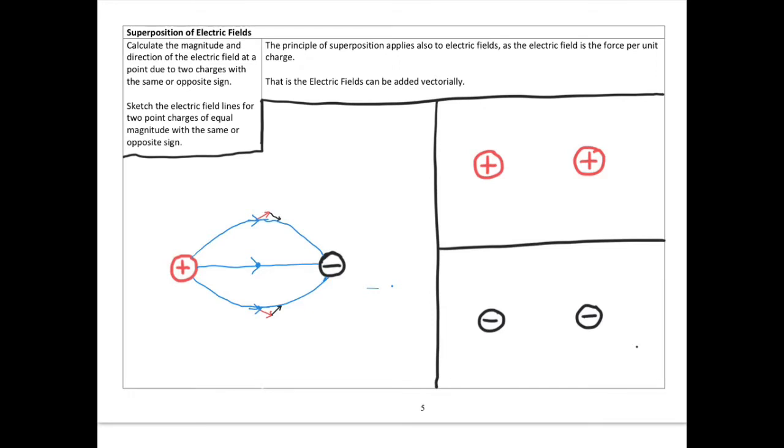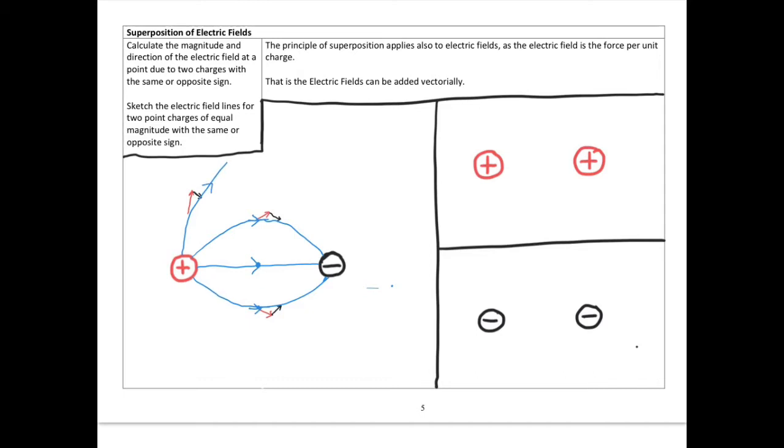And we could pick some other point maybe up here. It would be pushed away like that from this one. And the negative, but it would be weaker because the distance is greater, would be going like that. So the net effect would be that we end up getting something that looks like that.